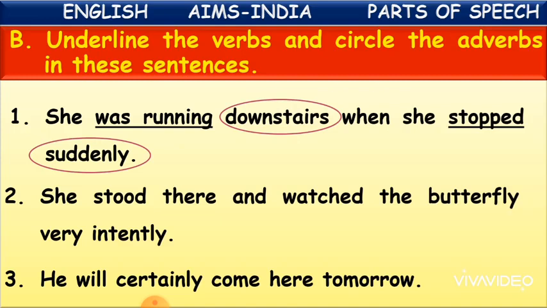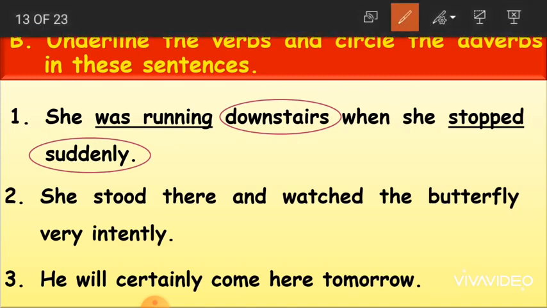Okay, so we'll do the second one. She stood there and watched the butterfly very intently. See, she stood there. Stood, what is it, children? Is it an action? Yes, stood becomes our verb. Watched, verb.